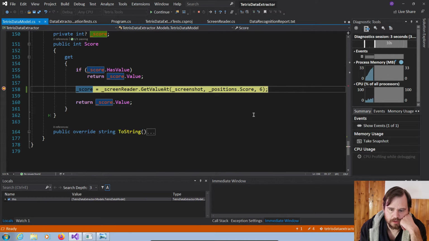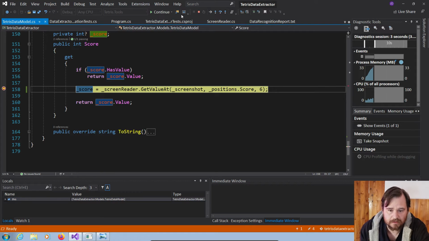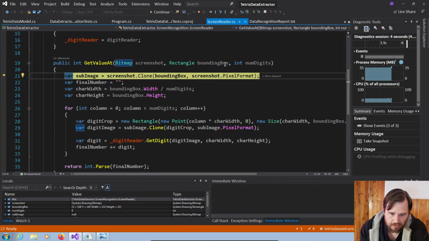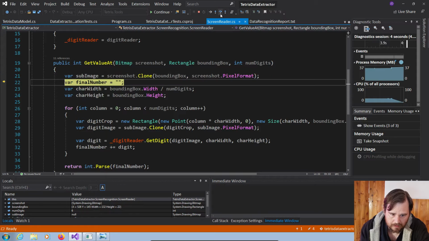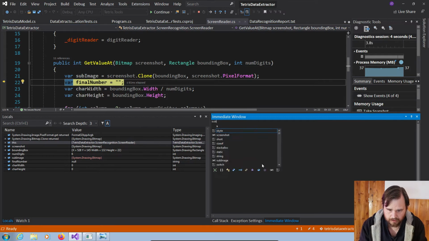Okay, so here we go. Let's just make sure my positioning makes sense. 528 by 145. Width is 132, the height is 22. So that makes sense. Let's go into here. The subimage is the bounding box. Okay, let's do our thing where we make sure that everything is looking pretty good.